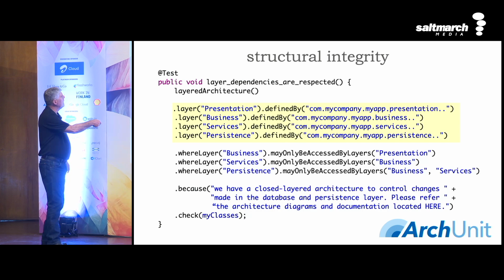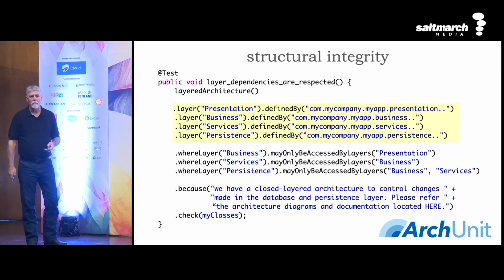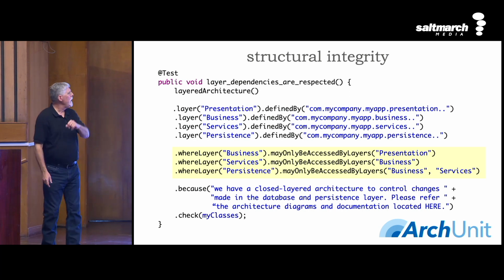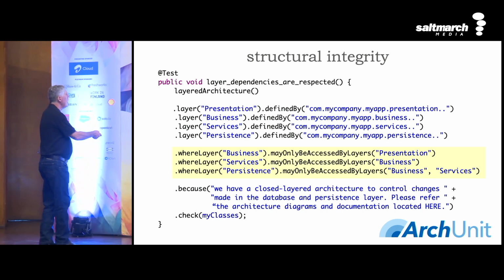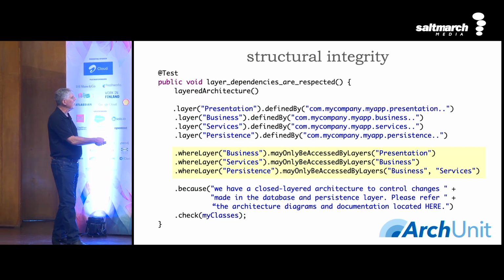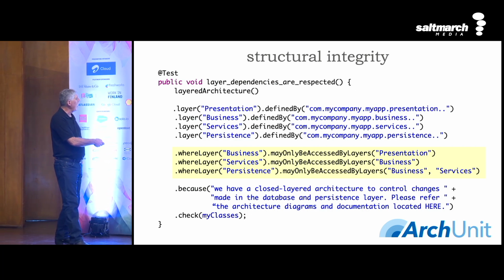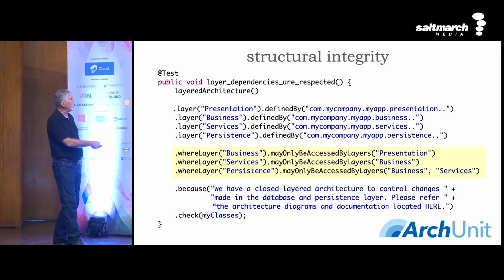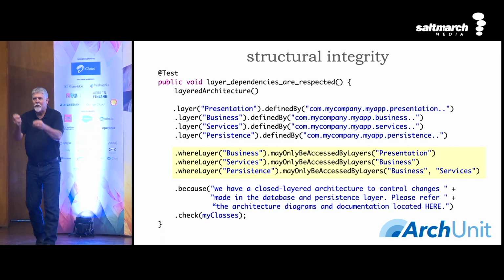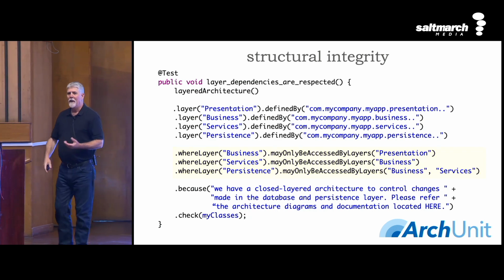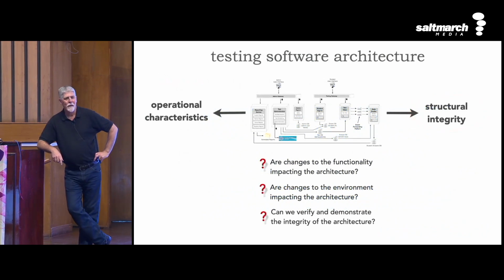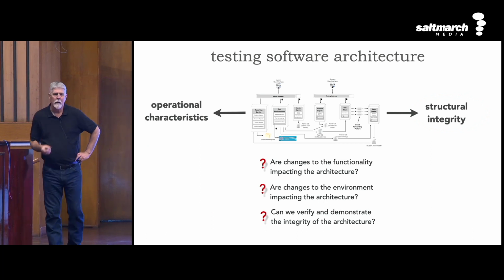Business is this namespace, directory structure there. And here are my structural rules. Let's read them. Business may only access layers presentation. Services may only be accessed by business. Persistence may only be accessed by business and services. Any open and closed layers I can describe in this test right here. That's pretty neat. So those are structural integrity constraints.